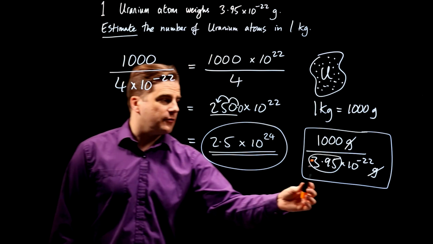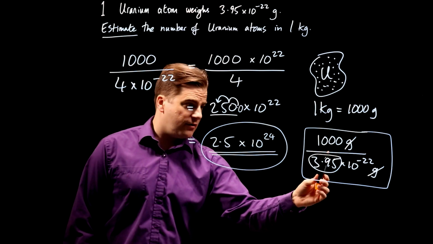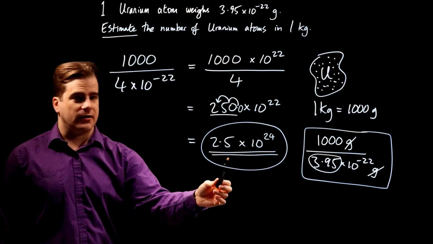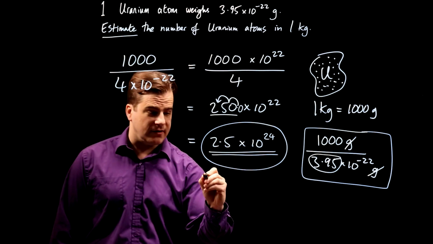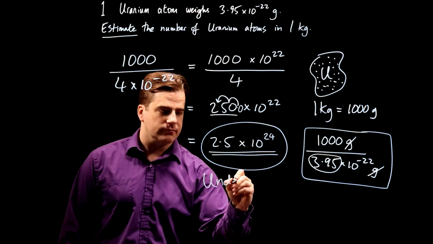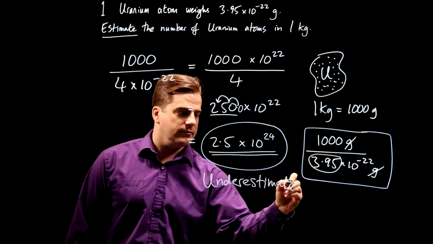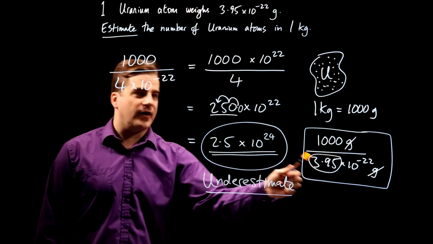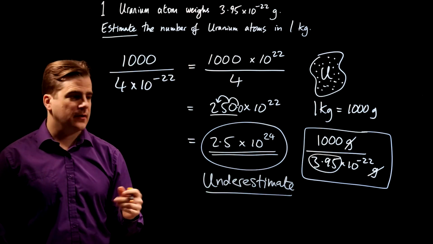So 3.95 is smaller than 4, which means this number is bigger than our estimate. So the true value is bigger, so the estimate is an underestimate, because in the estimate, the denominator was bigger than the true value, making the whole thing smaller.